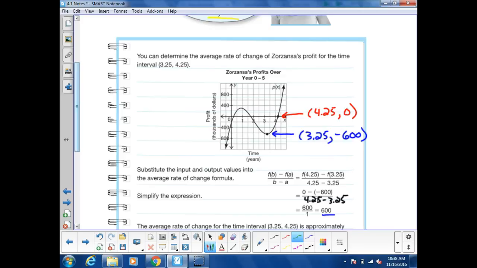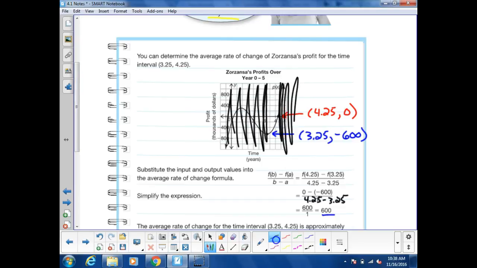Because what you're doing when you're doing average rate of change is, I'm trying to think of how I can do this, you're blocking out all of this. So you're just looking at that part right there.